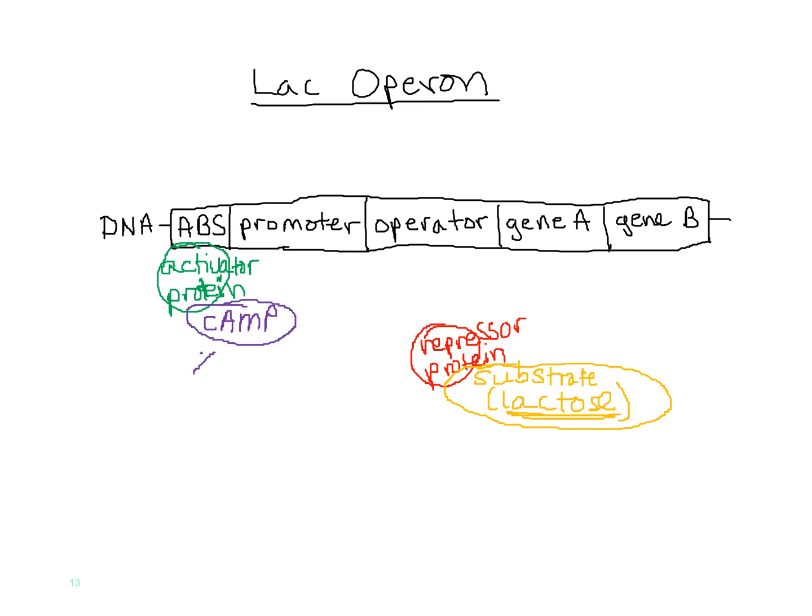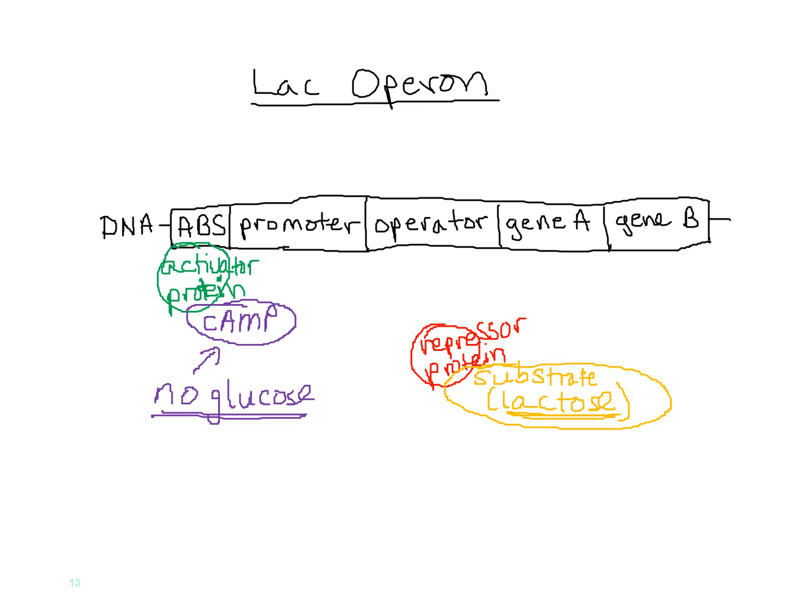So this just means that, hey, there's no glucose around. So cyclic AMP will bind to the activator protein when there's no glucose, and that'll change the activator protein's shape, and that'll allow it to bind to the activator binding site.